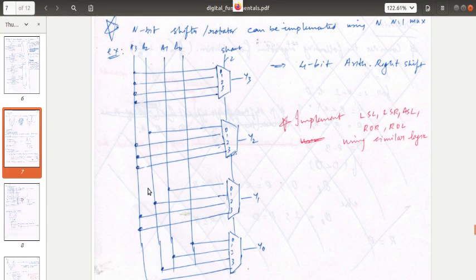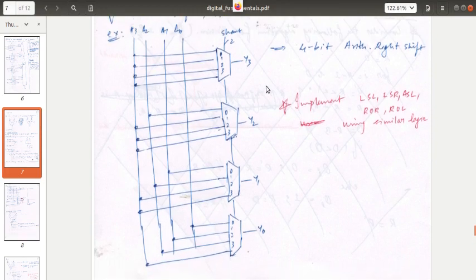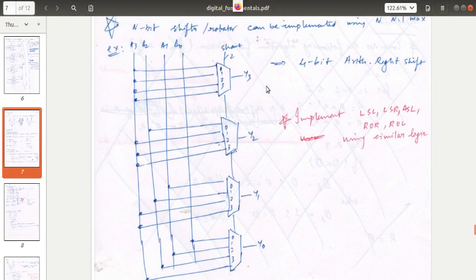Consider the case where this was a 4-bit logical right shift instead of an arithmetic right shift. What would have happened? These 3 inputs wouldn't be connected to A3. These would have been zeros, because for no shift A3 should come, then for the next shifts it should be 0.